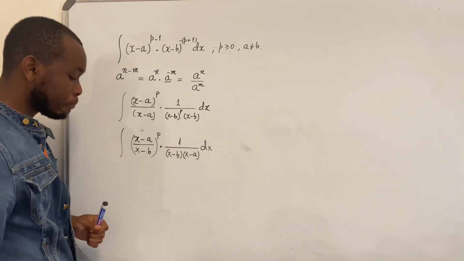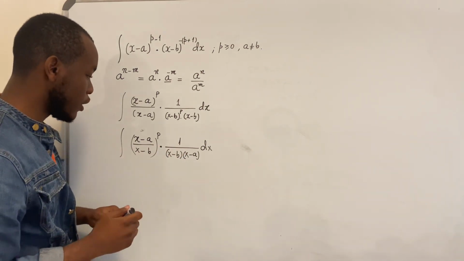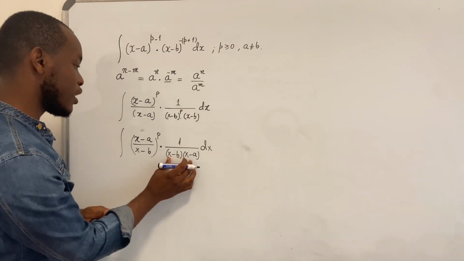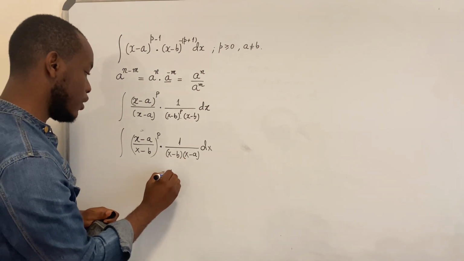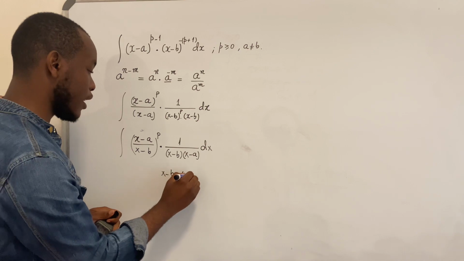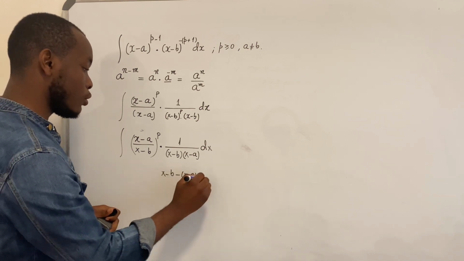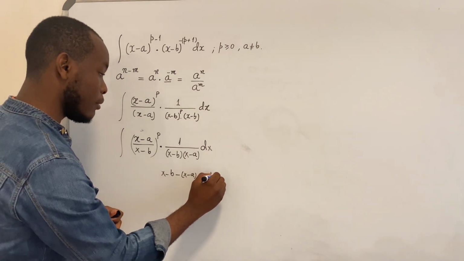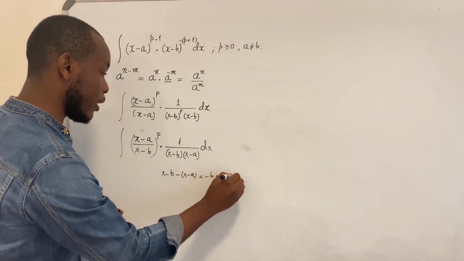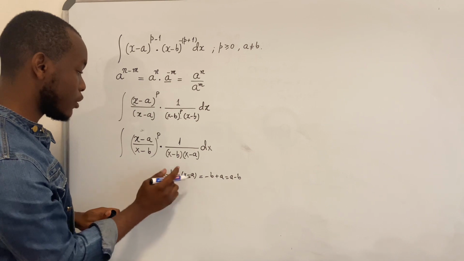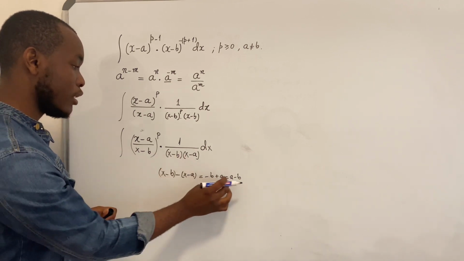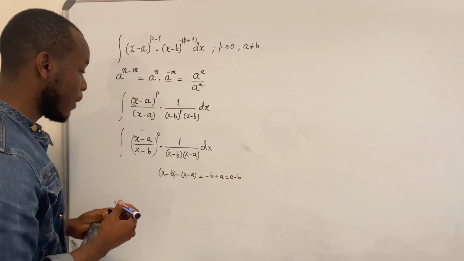But first, what we can also consider is if we subtract x minus b minus x minus a, the x will be cancelled out. So it will be minus b plus a. In other words, a minus b. So that means the difference of these two denominators is equal to a minus b.